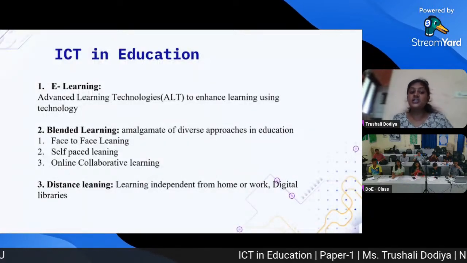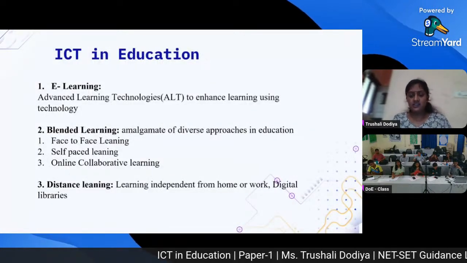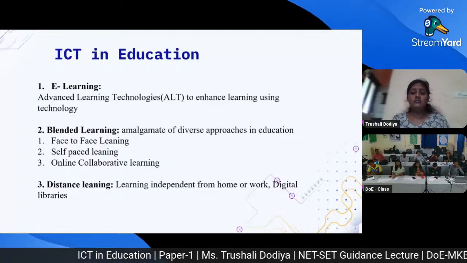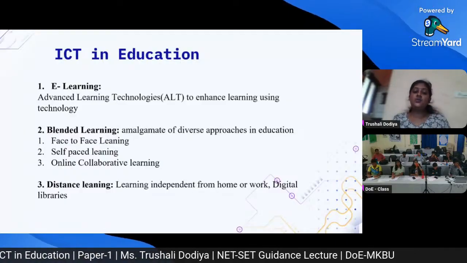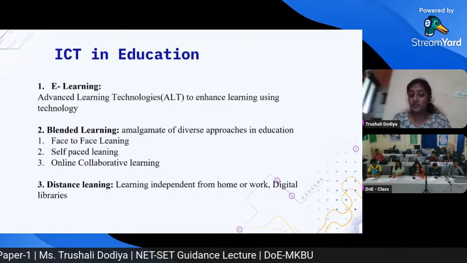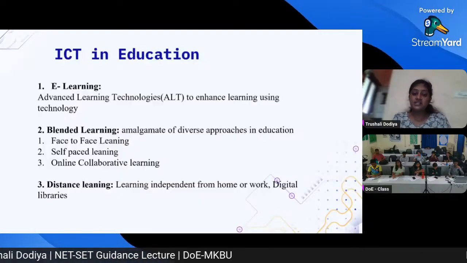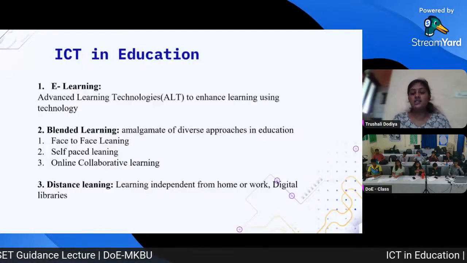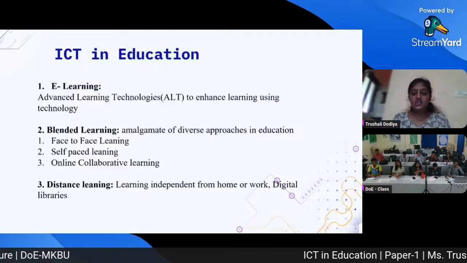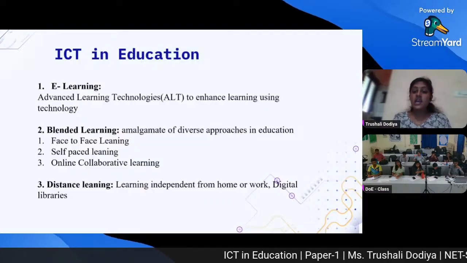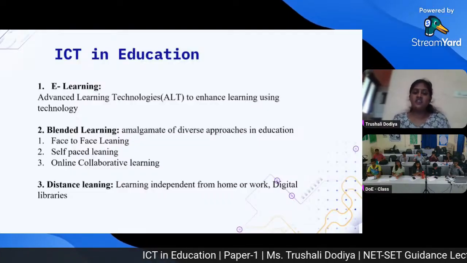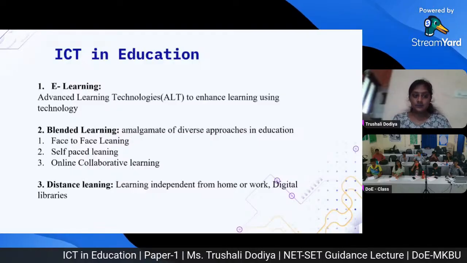Like there is the National Digital Library of India that is available. So that allows us to learn from home, work or whatsoever place we are at. It doesn't require constant attention, immediate response and all. So we can learn at our ease.